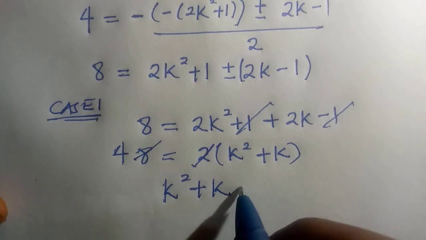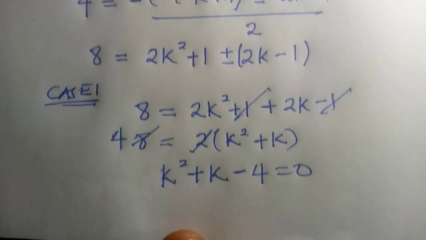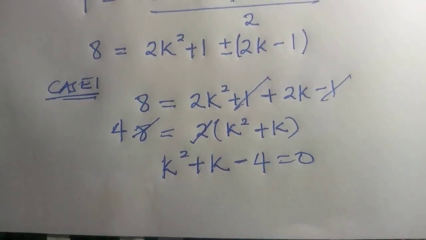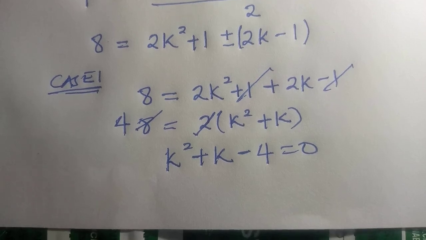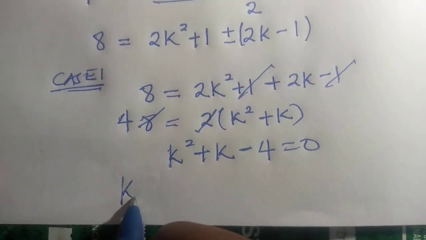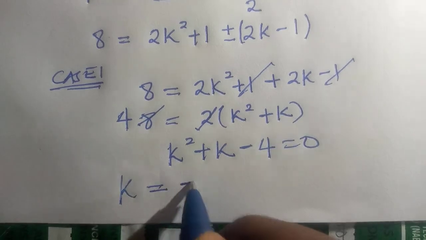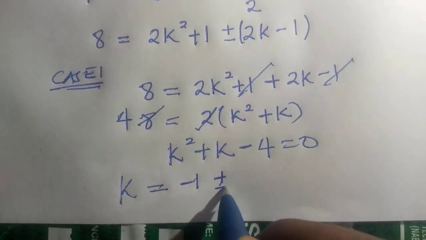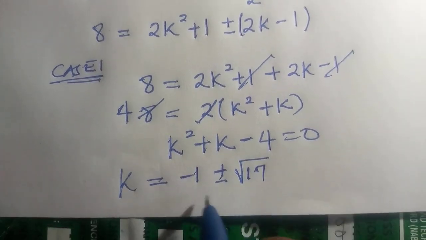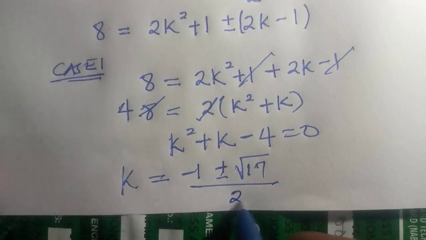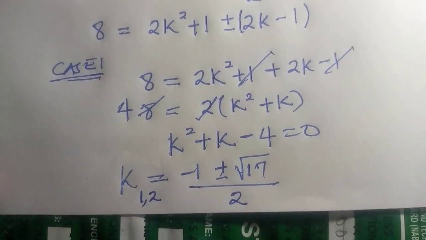By taking 4 to the other side, it becomes minus, and everything equals 0. So we get another quadratic equation. When we try to solve this using the quadratic formula, we get the value of k equals (minus 1 plus or minus the square root of 17) divided by 2, as we consider this as k1, k2.